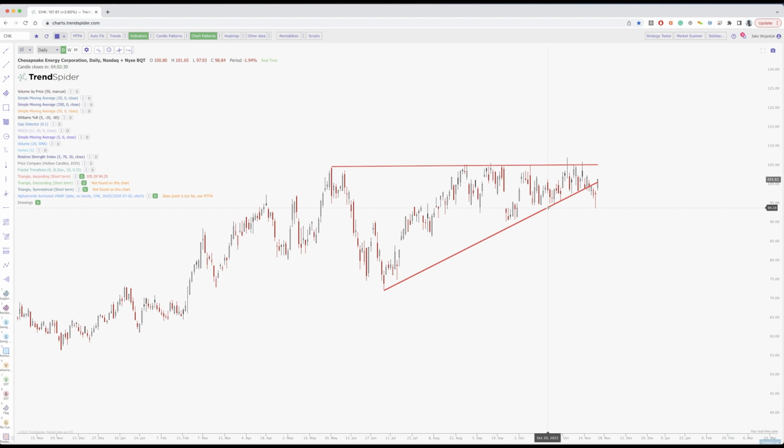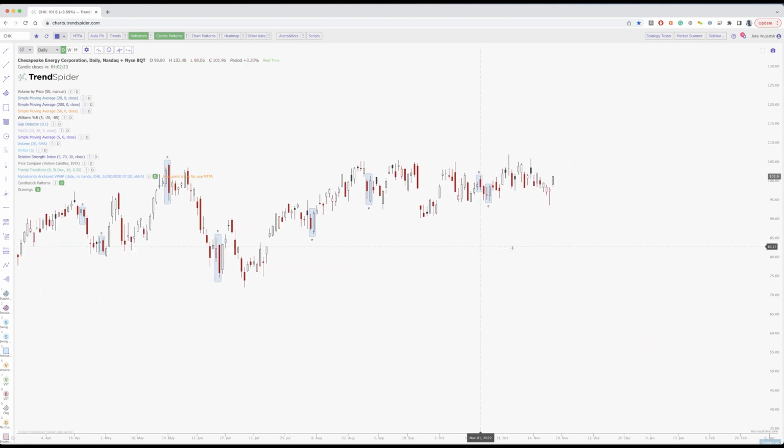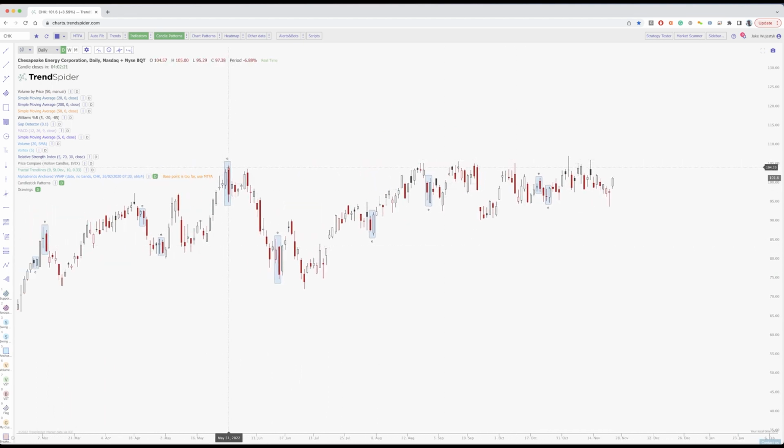The next thing that you can automate on the platform is candlestick patterns. So you can see here, if I click candle patterns, in this case we have an E with a little blue box that pops up. That is simply standing for the engulfing candlestick pattern. If I type in engulfing, I already have this chosen, but you can choose whatever you want. You can choose a hammer.